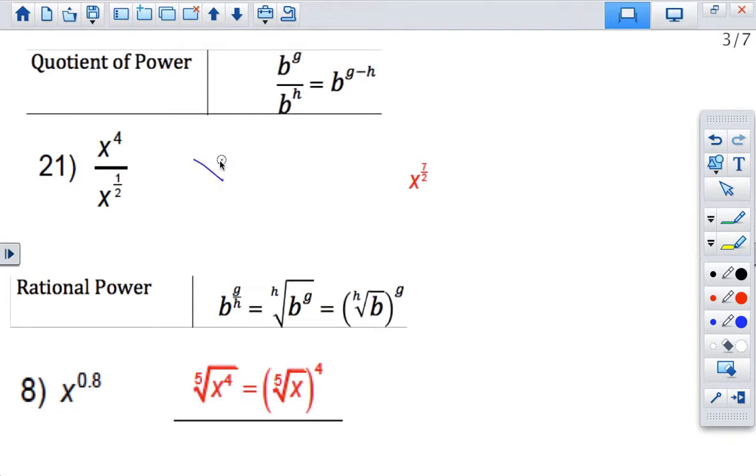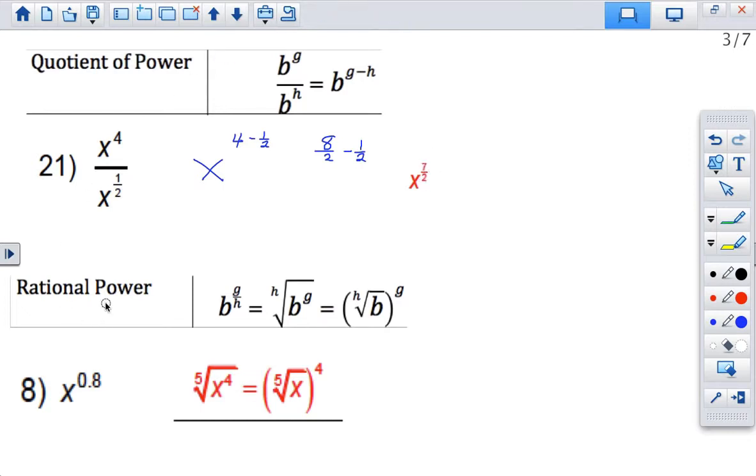So in this case, we would have x raised to the 4 minus 1/2. When you get common denominators, you would have 8/2 minus 1/2. When you're subtracting fractions, you subtract the numerators, leave the denominators alone, and that's how we get the fraction 7/2 in our exponent.